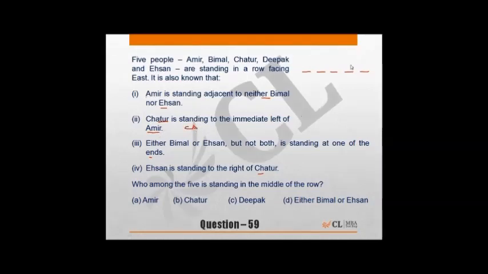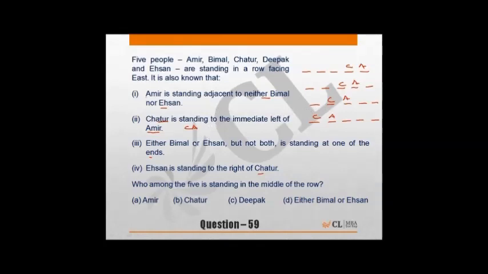Let's see in how many ways or what are the situations in which it is possible C, A could be together. Another situation could be C, A. Similarly, we have 2 more cases which are possible, C, A and C, A. These are the 4 possible cases in which C and A could be together.